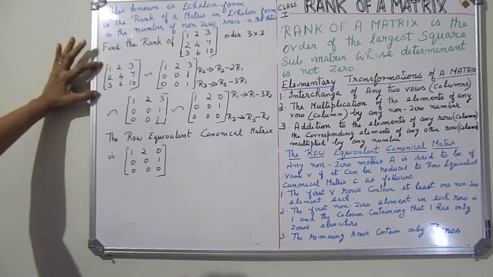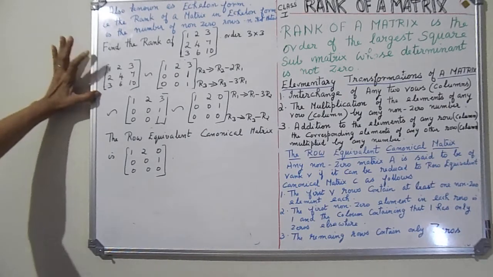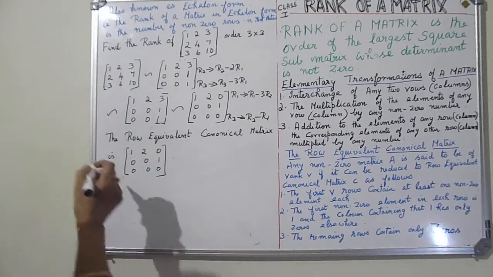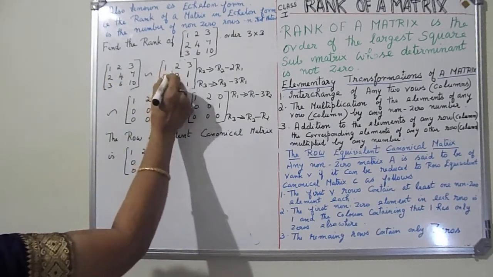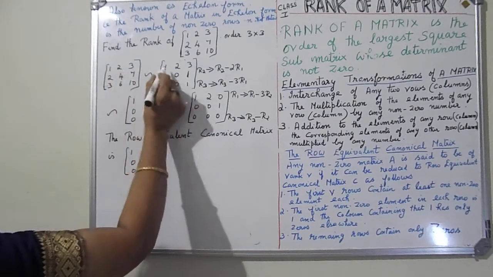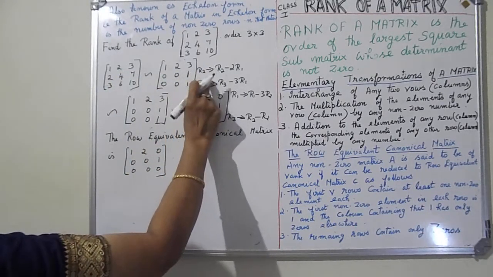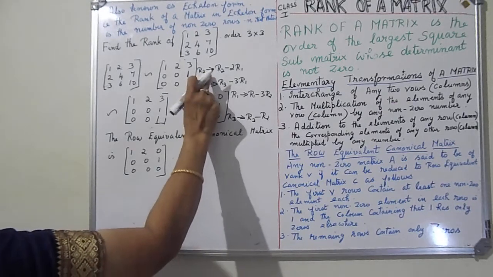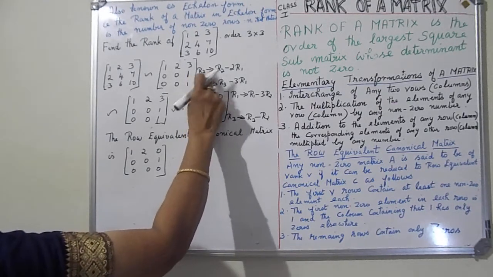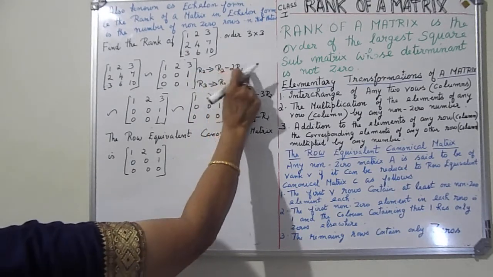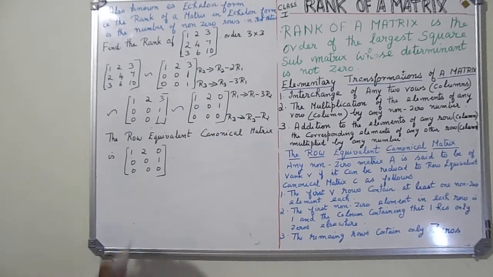Now the given matrix, I am writing this here again: 1, 2, 3, 2, 4, 7, 3, 6, 10. That is equivalent to, I am writing the first row as it is, 1, 2, 3. Now what is the transformation performed on the second row? R2 is transformed as R2 minus 2R1.